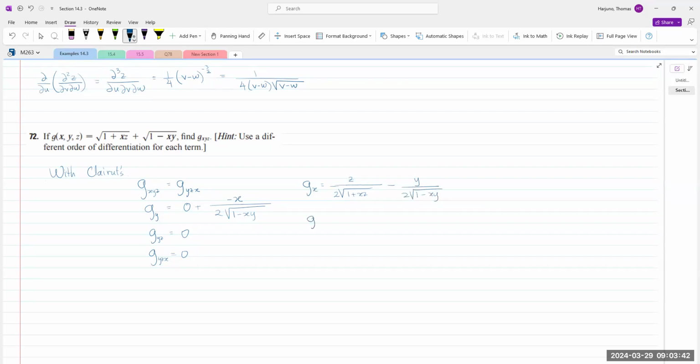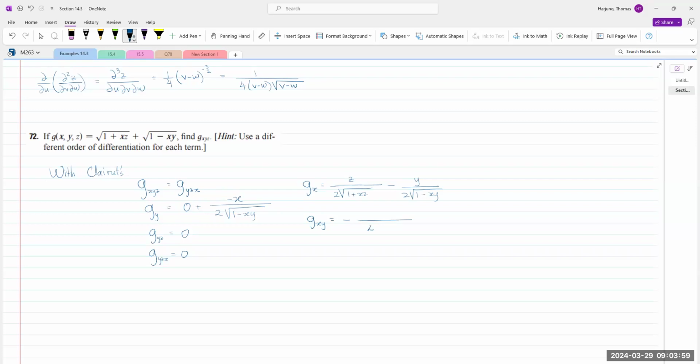Now when I do the partial with respect to y, after x, this guy disappears, but I have some issue here. I need to do the quotient rule.